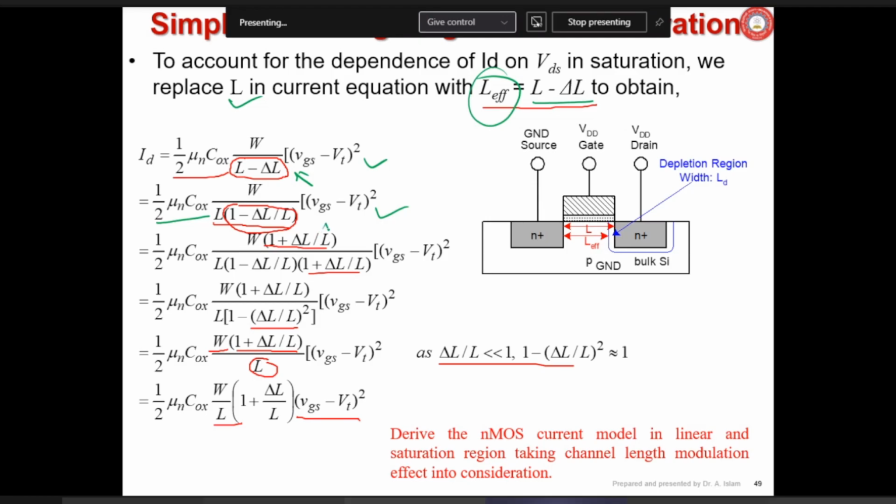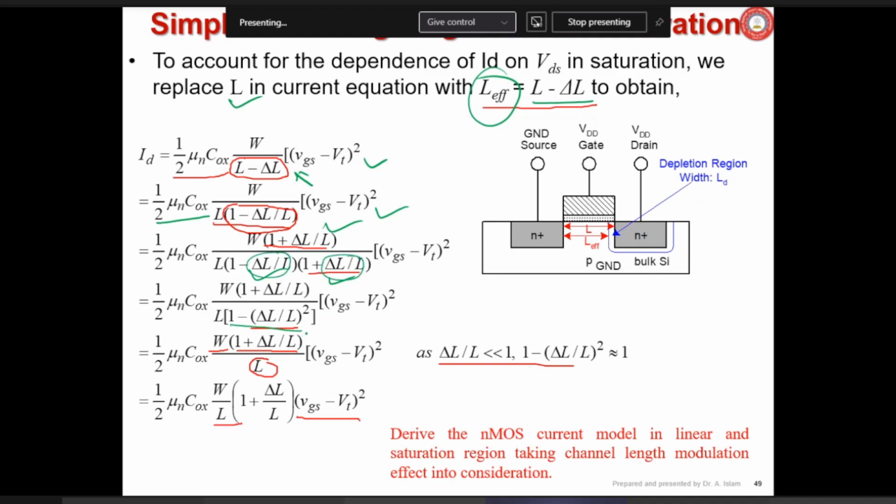We are multiplying the numerator and denominator by 1 plus delta L by L, and in this we are getting this term, 1 minus delta L by L whole square. Do you get this or not?